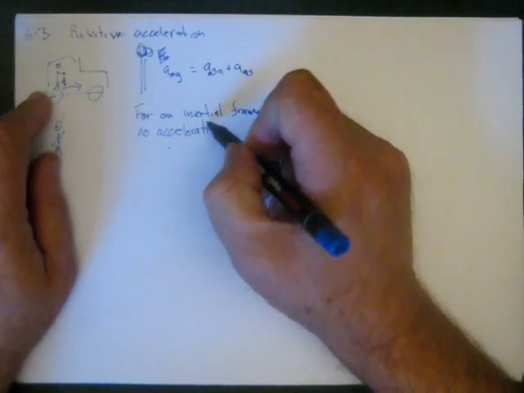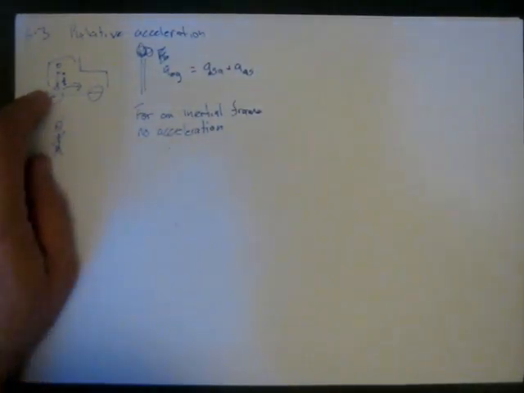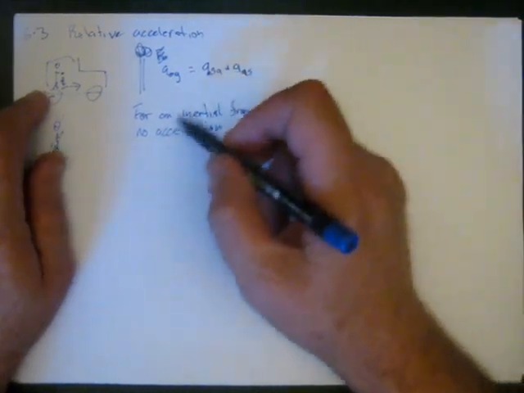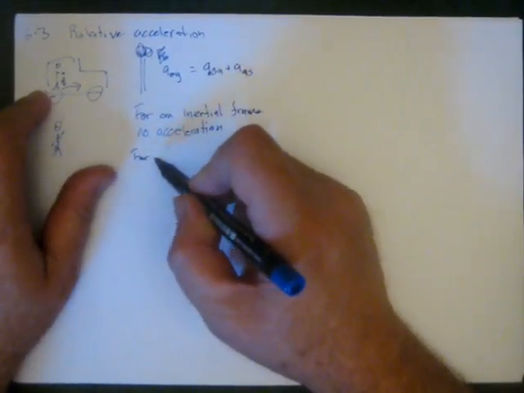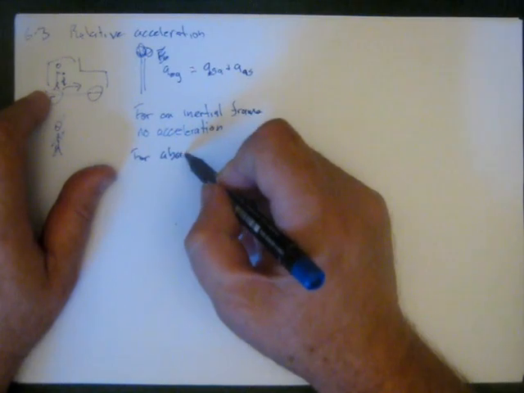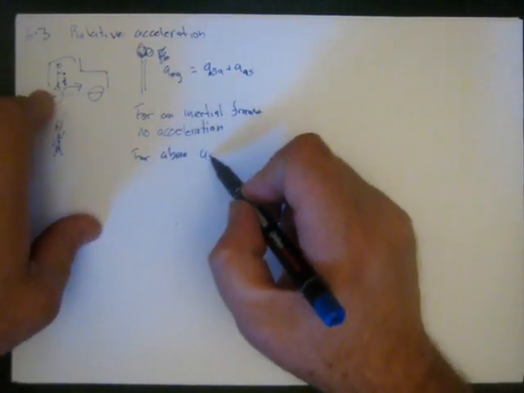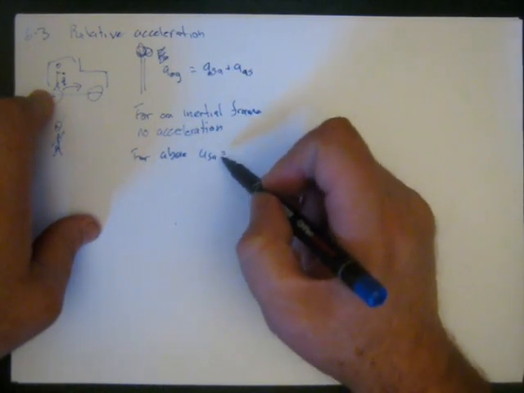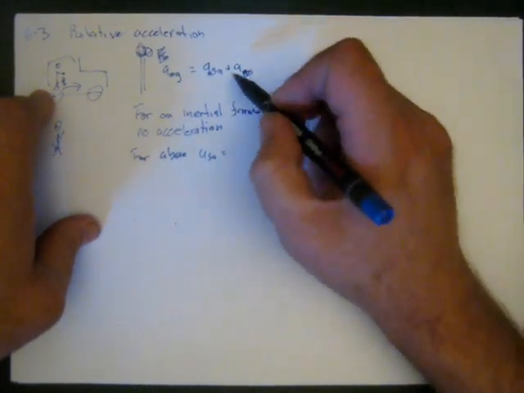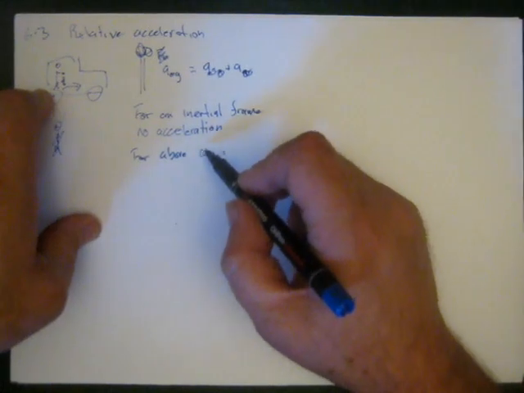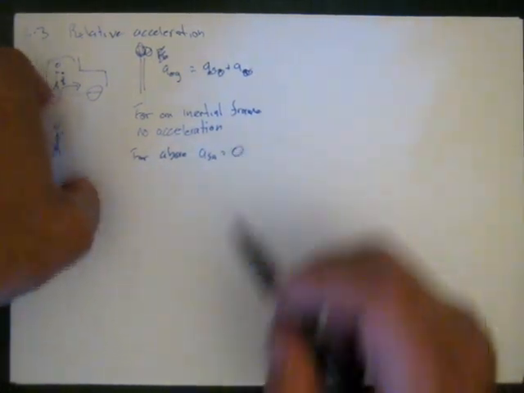So for the above equation, the acceleration of the van, A, equals 0.